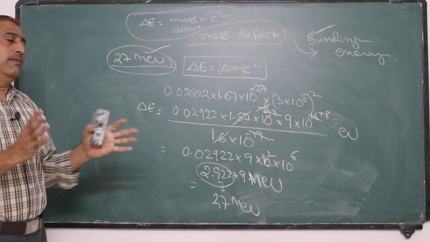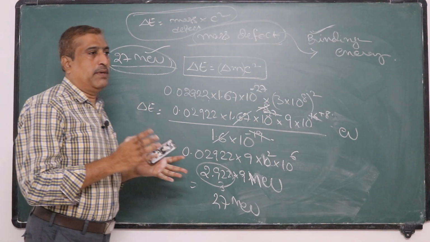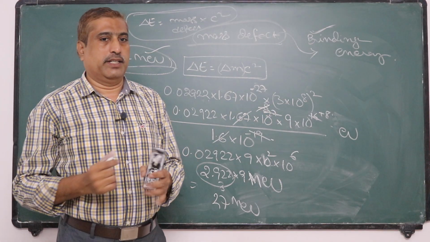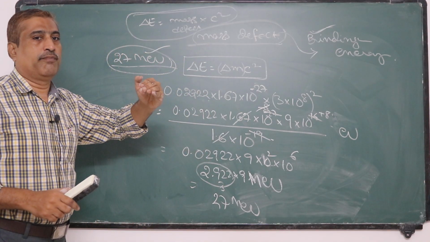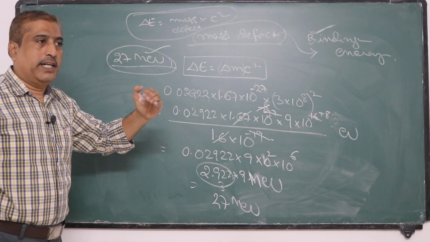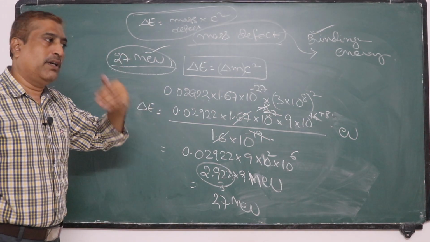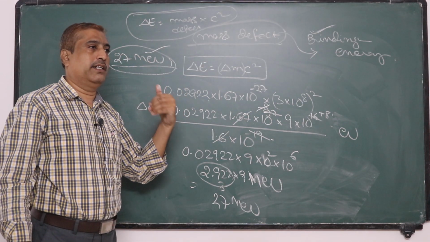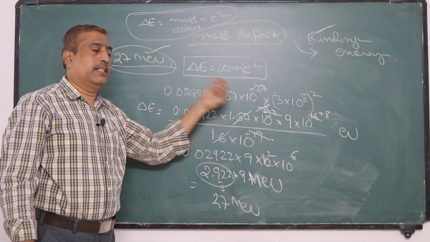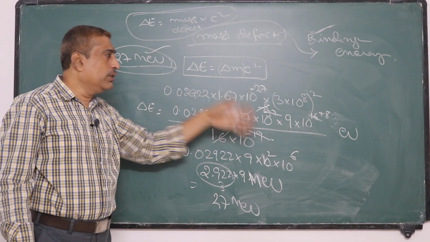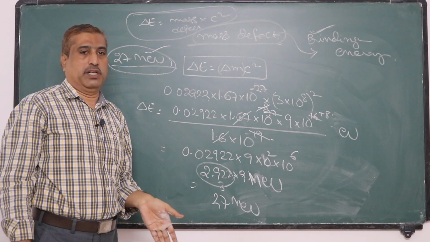So we can define the mass defect and binding energy. Mass defect is the difference between the calculated mass of the sum of the nucleons and the actual mass of the nucleus.